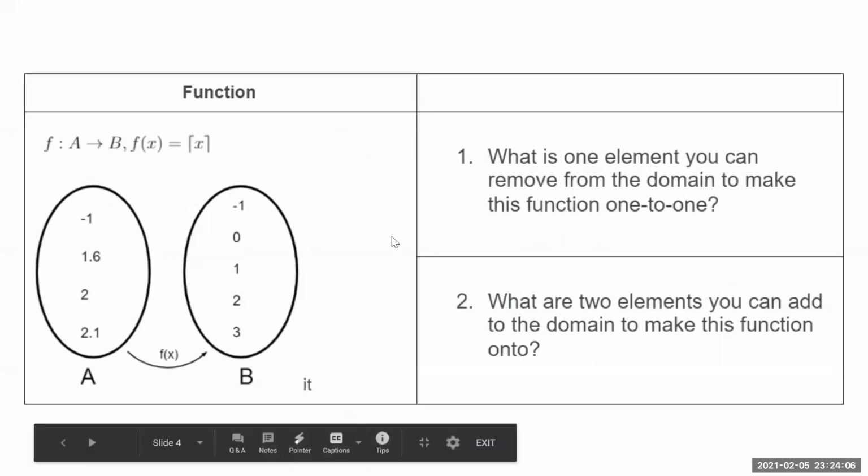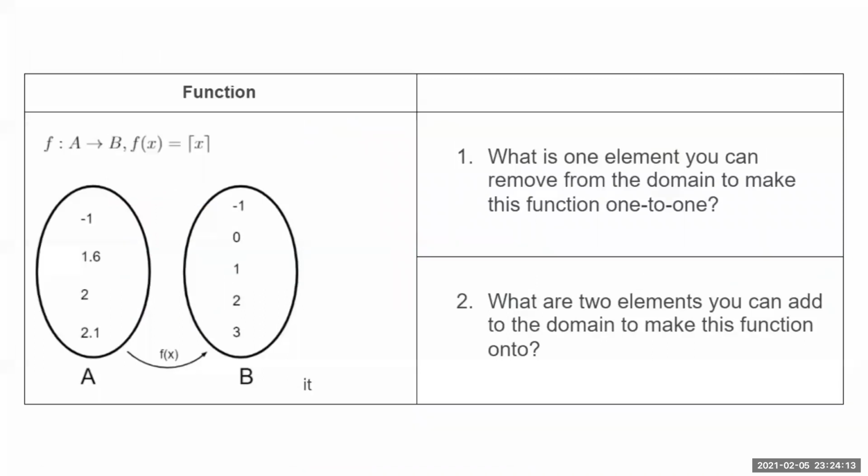So our next part here is, what element can you remove from the domain to make this function one-to-one? So if we remember, we had this mapping from -1 to -1, 1.6 to 2, 2 to 2, and 2.1 to 3.